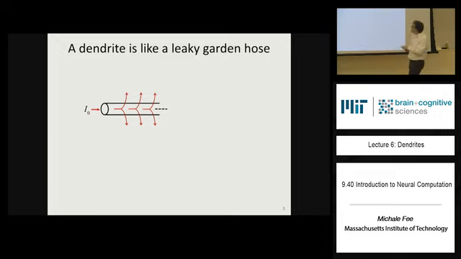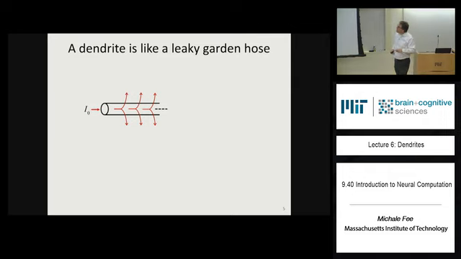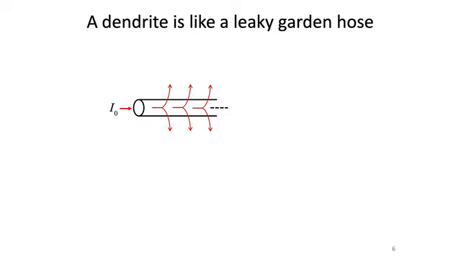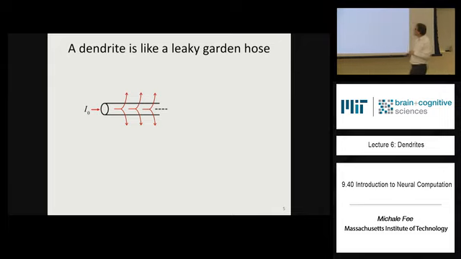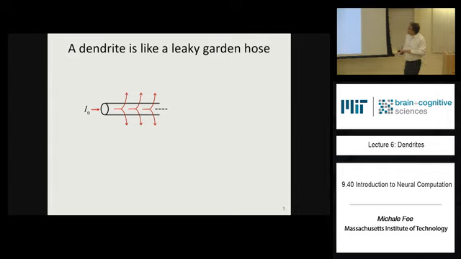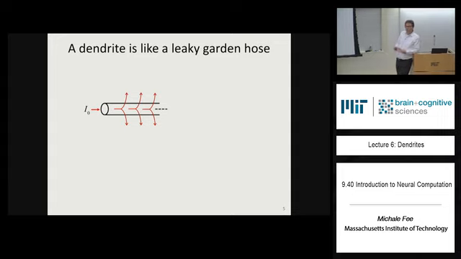When you hook this up to the water faucet and turn the water on, some of that water flows down the hose, but some of it also leaks out through the holes that you drilled. You can see that eventually the water's all going to leak out through the sides, and it's not going to go all the way down to the other end to get to your hydrangeas or whatever it is that you're watering. So that signal isn't going to get very far if the holes you drilled are big enough.